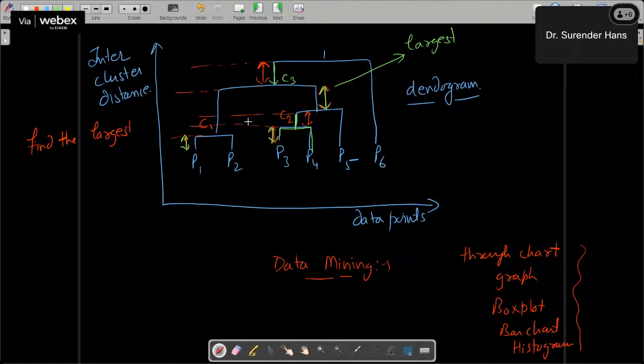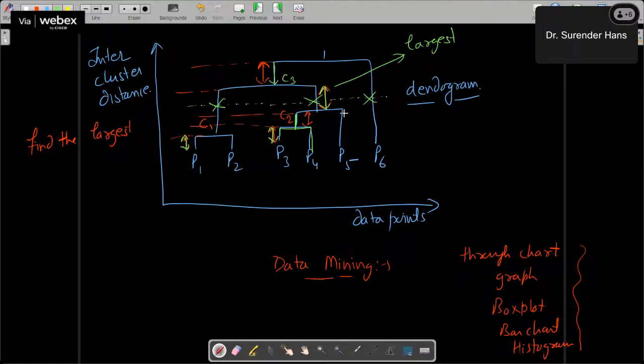Now you draw one horizontal dummy line. It cuts the vertical lines at 3 points: here, here, and here. So the optimal value of the cluster will be 3.